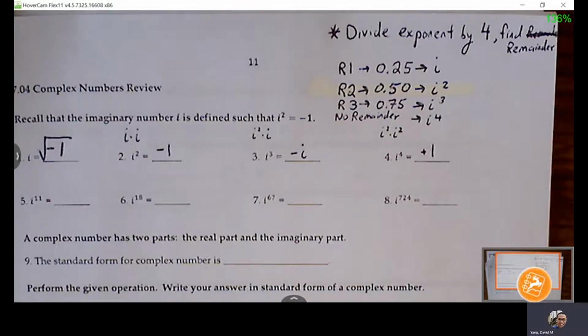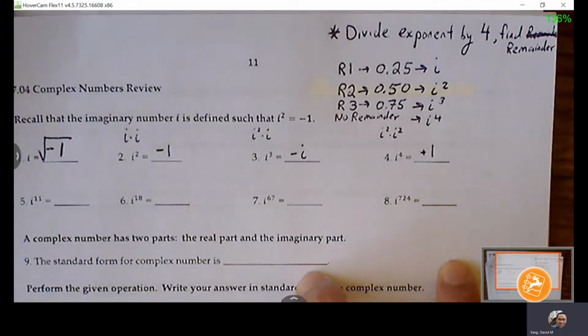So basically, if you understand that this cycles through every 4 exponents, we can get to any value just by counting from 1. But that's kind of a hassle if we're having to deal with larger and larger values, right? Just the hassle to have to go through and count every one until you get to the one you're looking for.